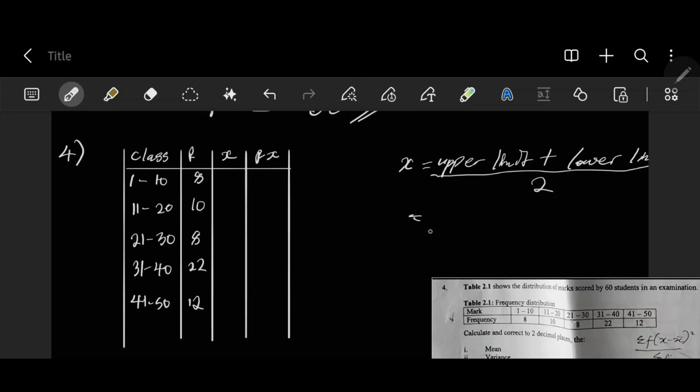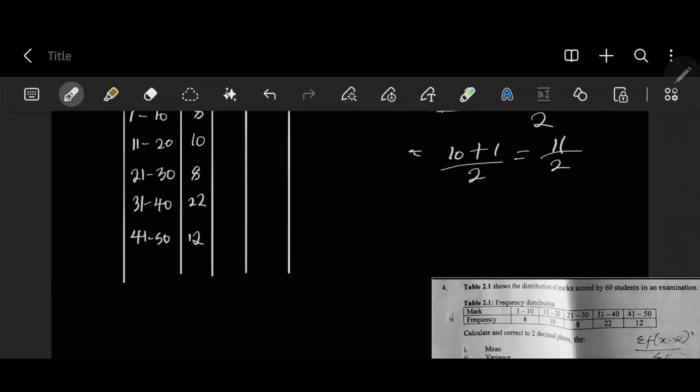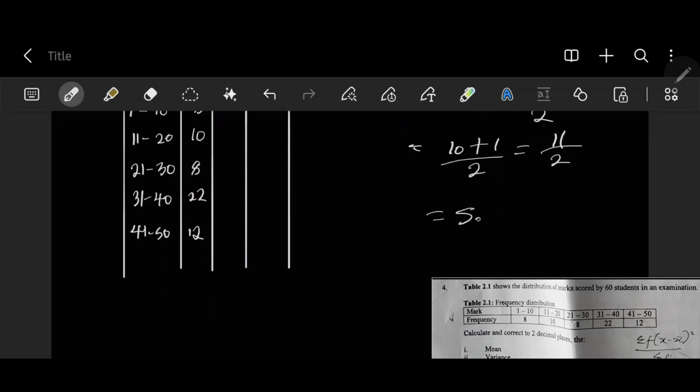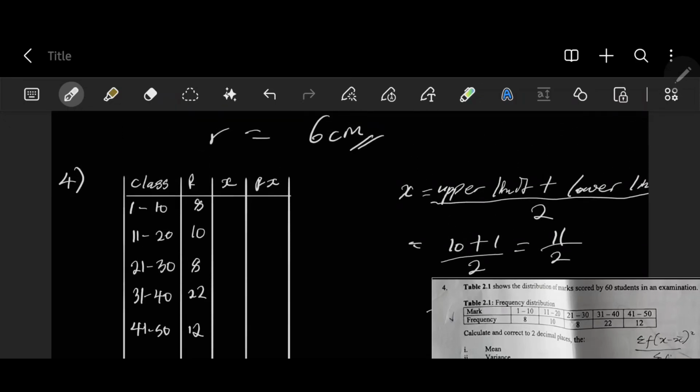So for the first one, the upper limit is 10 and the lower limit is 1, over 2, which is equal to 11 over 2. That should give you 5.5. So X for that is 5.5.